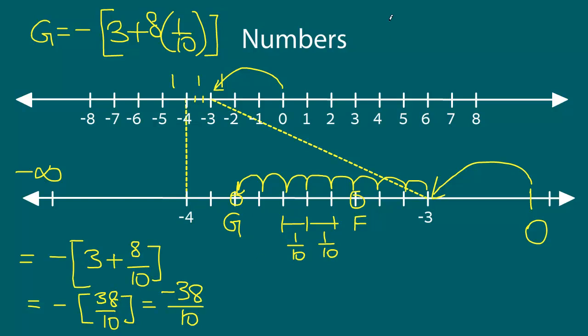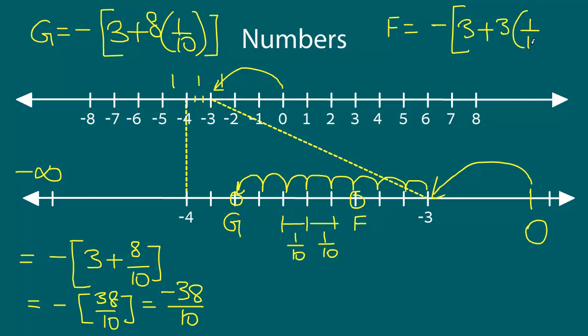Similarly, what about point F? To get to point F, we have to do minus parenthesis. So we have to get to -3 first, plus we have to go 1, 2, 3 parts away.